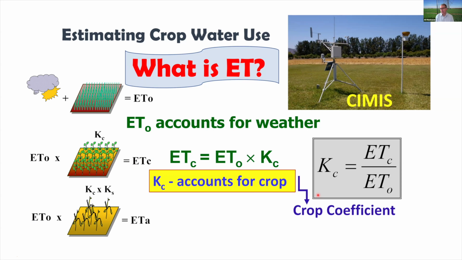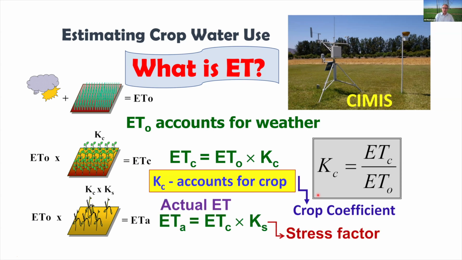Depending on which crop you have, here we have avocados, so we need to use the crop coefficient or KC for avocados. So, very easy, through this equation you can estimate your crop water needs for avocados.